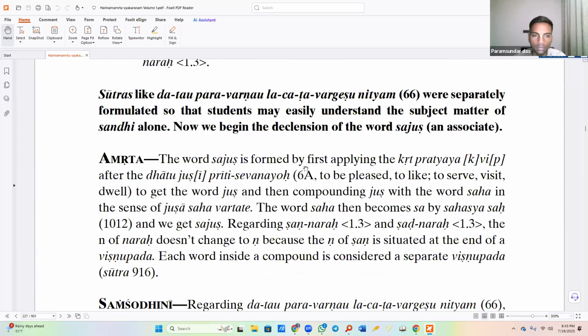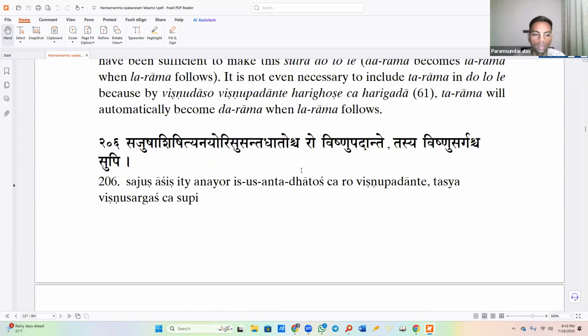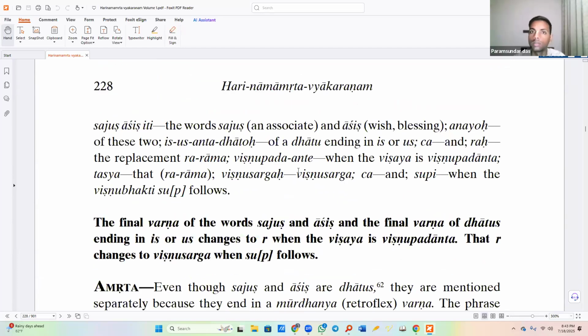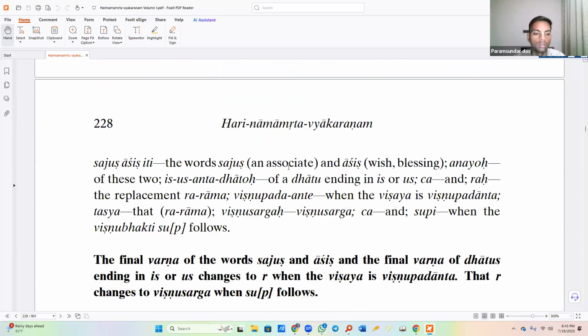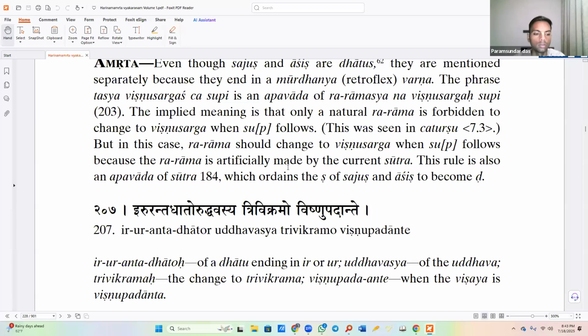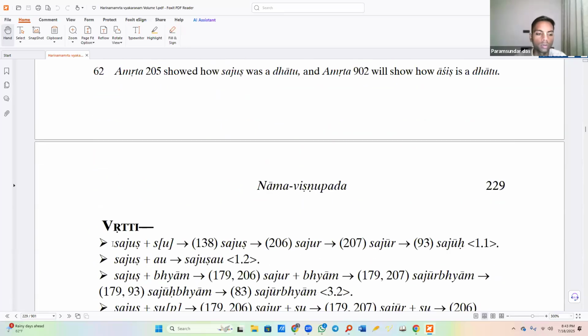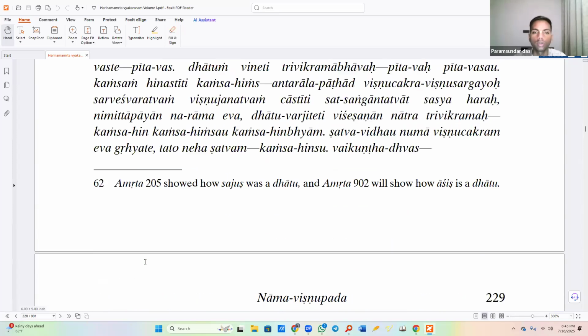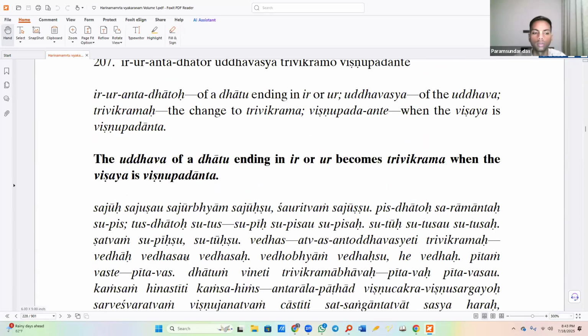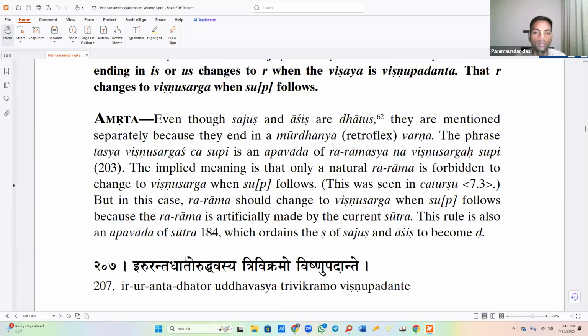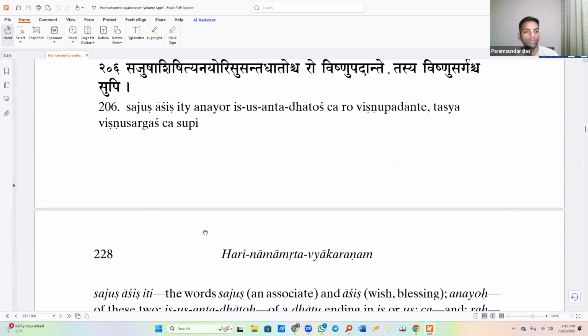Then the next word is Sajush. Sajush. So for this one, we'll have to do two sutras.